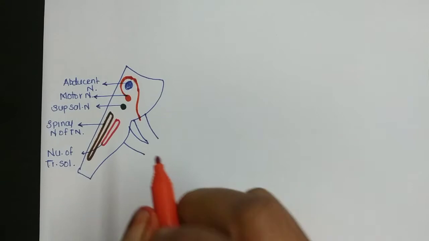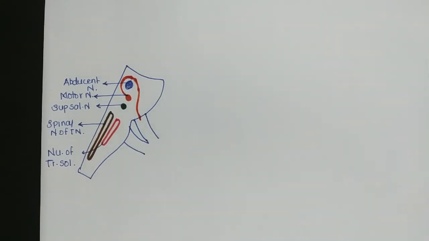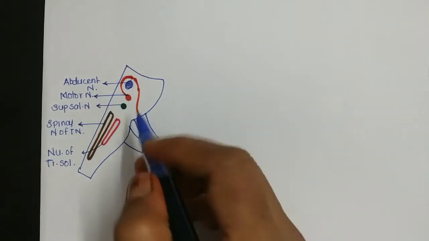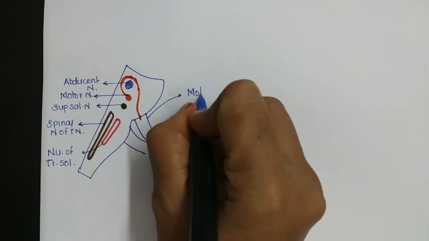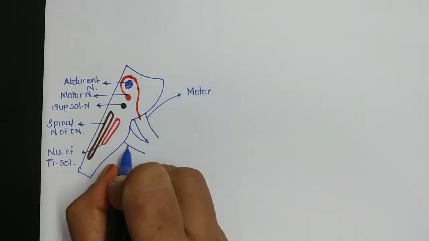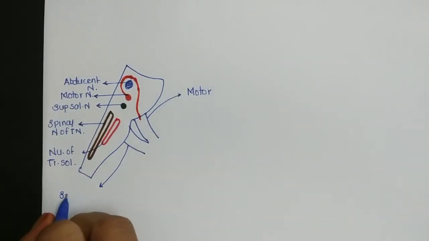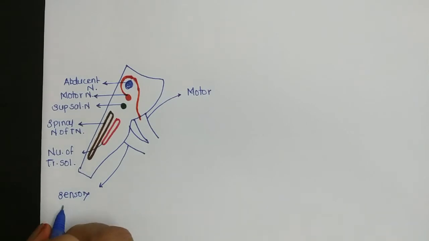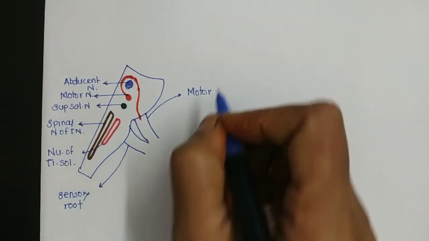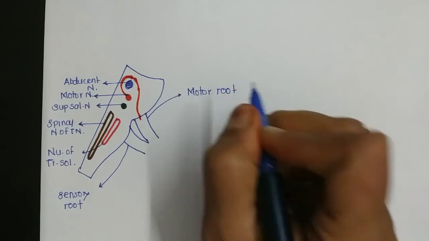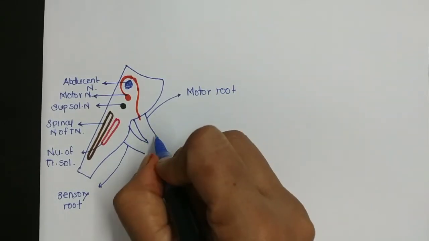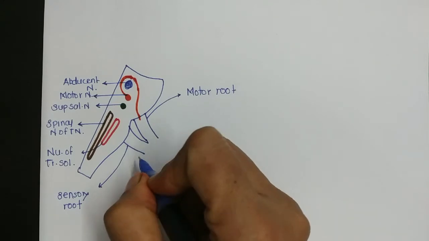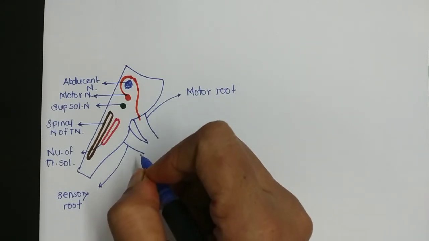Then coming back to the motor root and the sensory root. This is the motor root and this is the sensory root. The motor and the sensory root emerge from the ventral aspect of the brainstem. Further, they pass to reach the internal acoustic meatus.